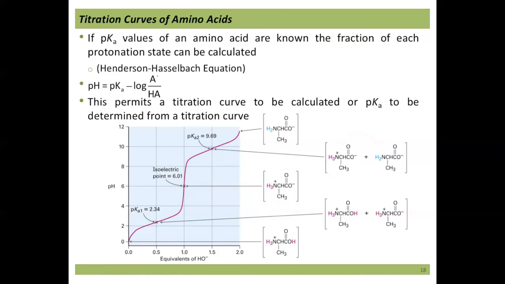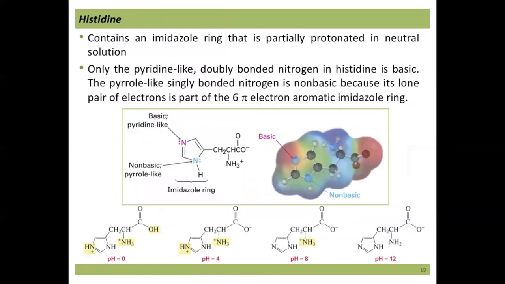So for amino acids, a good rule of thumb is that the carboxylic acid pKa is between 2 and 3, and the amine group pKa is near 10. And this all has to do with the Henderson-Hasselbalch equation, which we're just going to conveniently skip over.